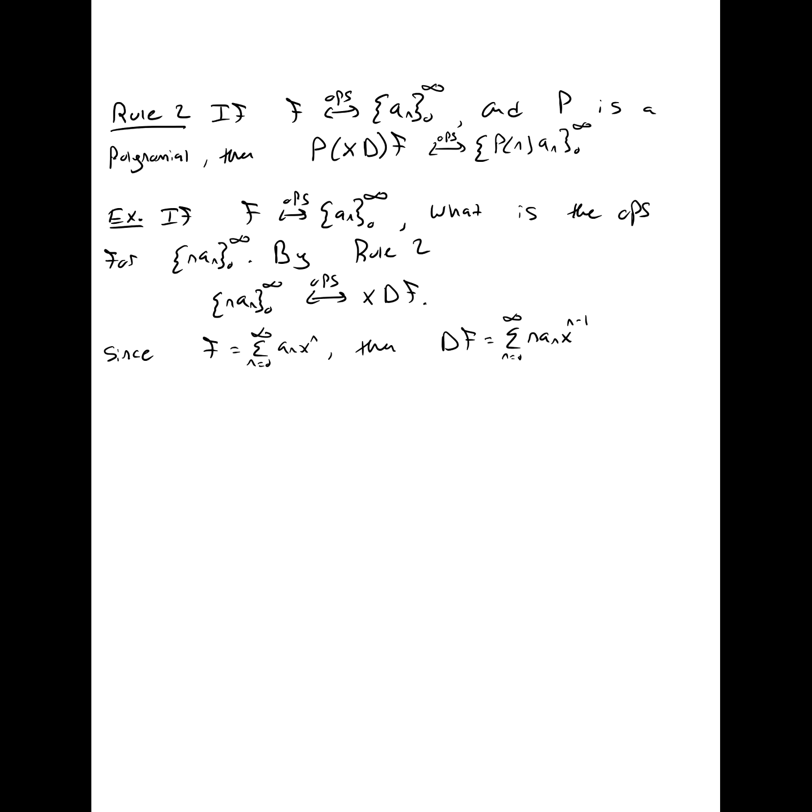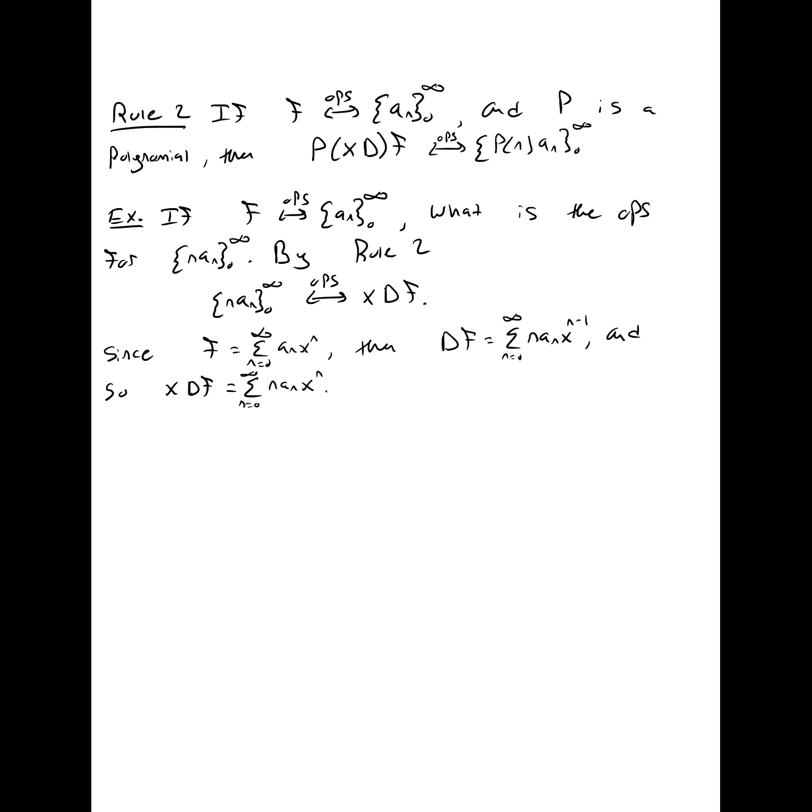And so x df, this is notation really, which means that I'm going to take df and multiply through by x, we get n a sub n x to the n, which is exactly the power series generating function for n a sub n, which is what we wanted.